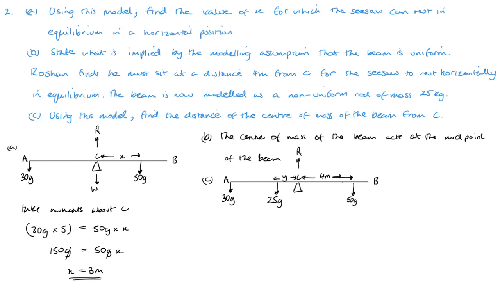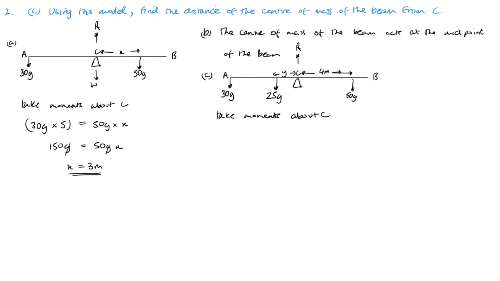So let's take moments about C, because the only thing that's unknown is that distance Y. Now let me just make a little bit more room. So we have 30g times 5 to the middle plus 25g times Y is going to be equal to 50g times 4.